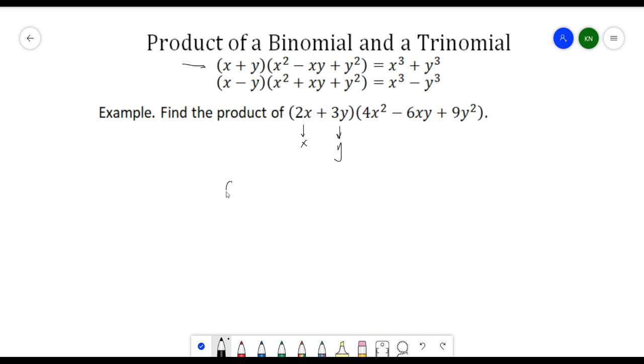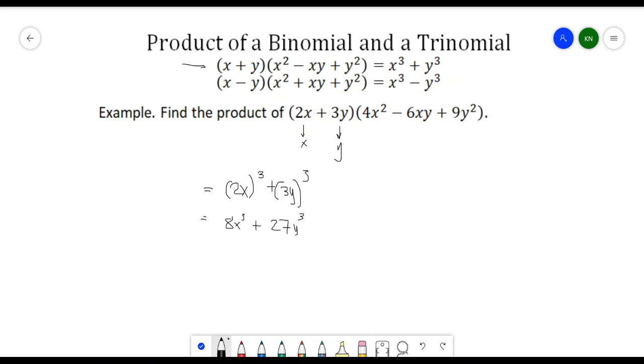So that being said, we have 2x cubed plus 3y cubed. So that gives us 8x cubed, since 2x cubed is equivalent to 8x cubed, plus 3y cubed, that is equivalent to 27y cubed.